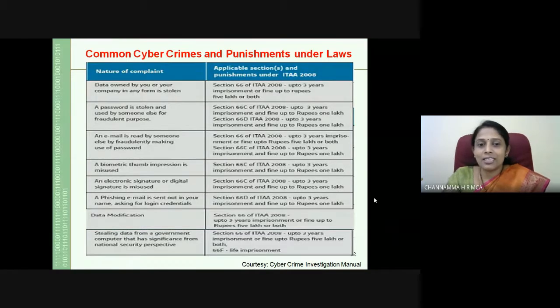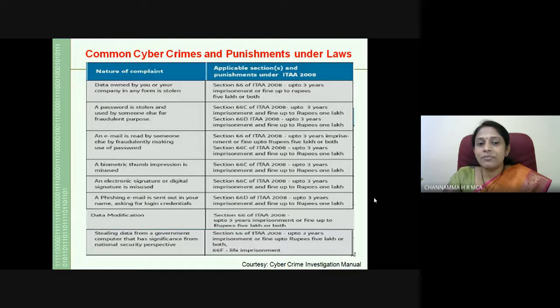And if an electronic signature or digital signature is misused, that is also the same punishment. And if a phishing email is sent out in your name asking for login credentials, usually we get such calls and such emails every day. That is also 3 years of imprisonment and a fine up to rupees 1 lakh.